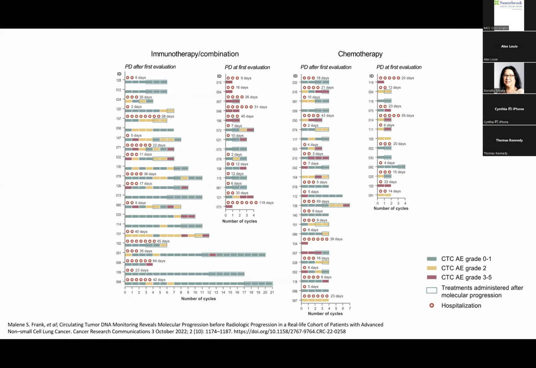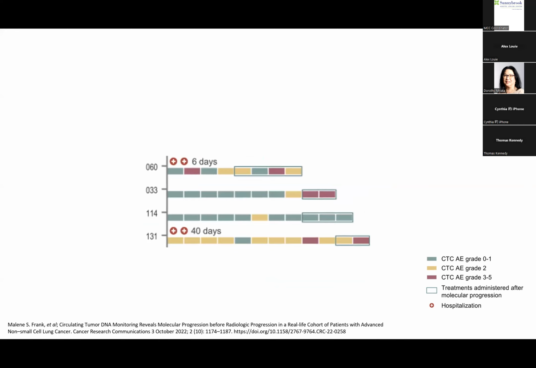Lastly, this is a graphic showing the timelines of patients who were receiving treatment when they had hospitalizations, as well as the toxicity from their treatments. If we zoom in on a few of these patients, we can see here the areas that are surrounded by a box near the end of treatment were cycles of treatment that were provided after molecular progression.